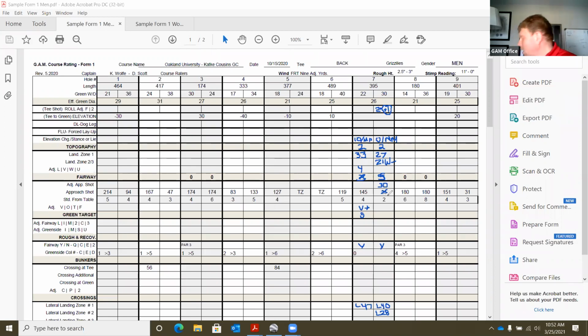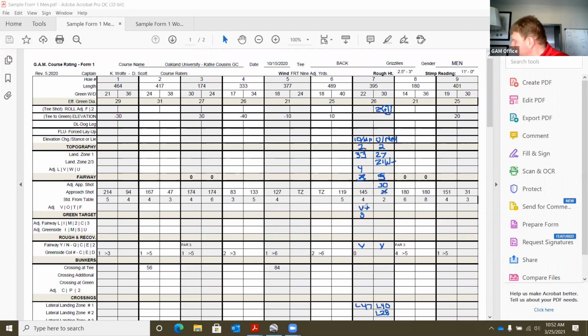So if you go to your green target chart, you'll see that the difference between 25 and 30 yards for this scenario here, 26 is actually gonna make a difference. So I didn't plan that out, but it just happened to work out.